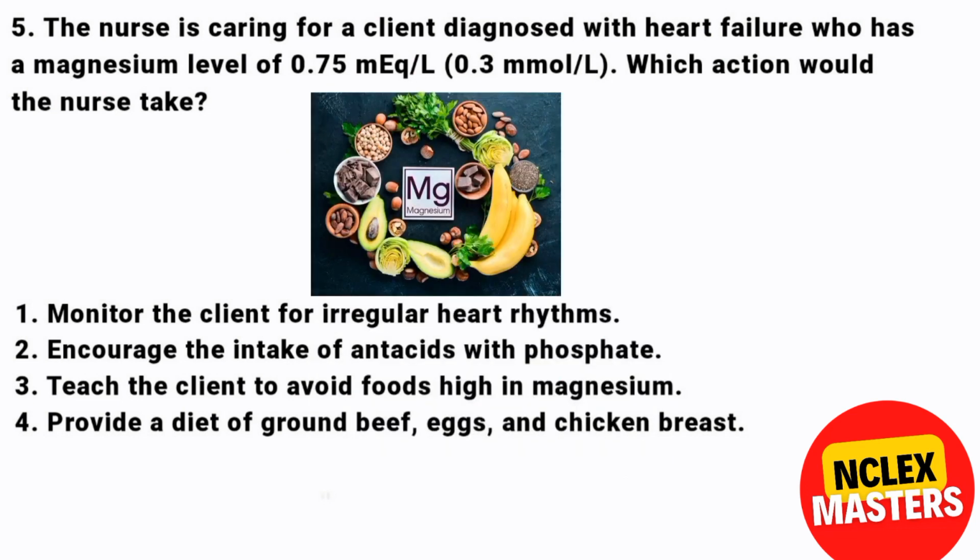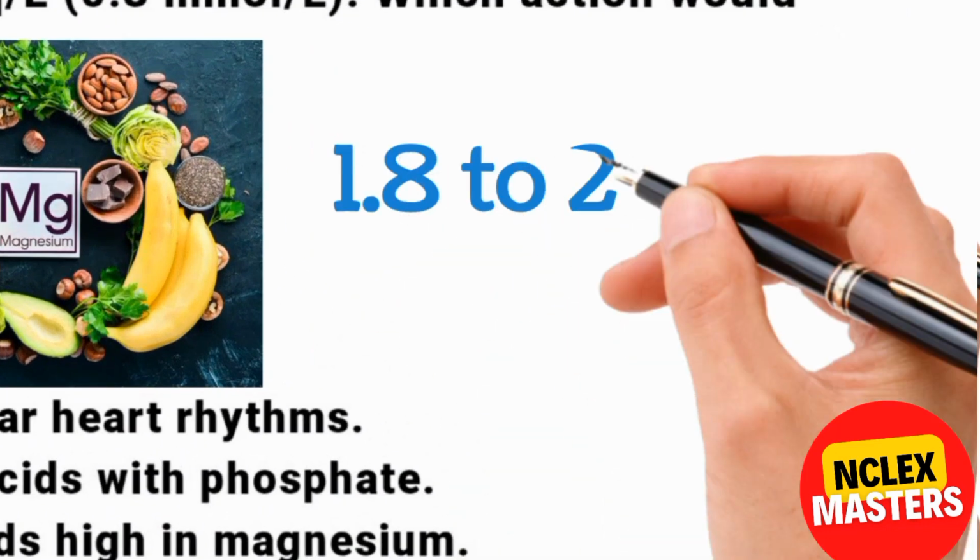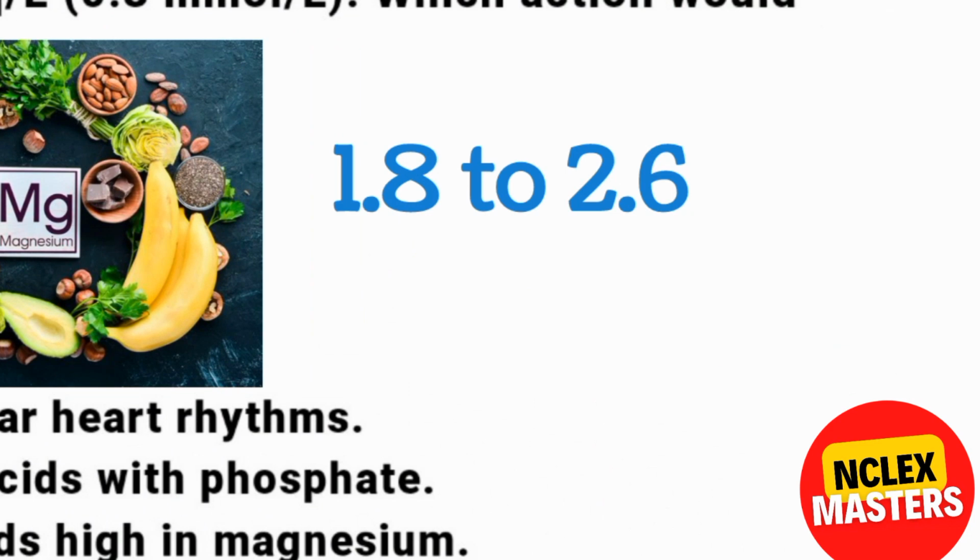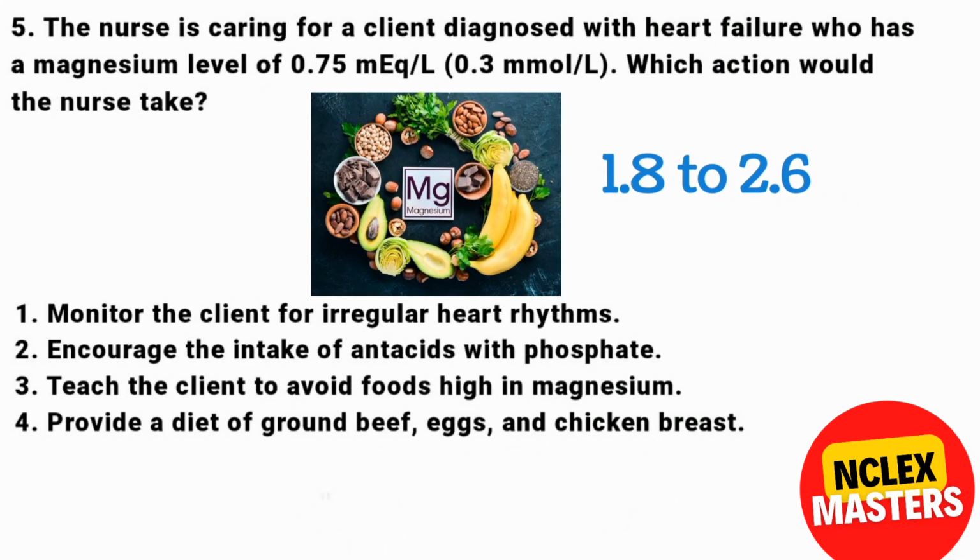Focus on the subject, a client with heart failure who has a magnesium level of 0.75. Recall the normal magnesium level. The normal magnesium level ranges from 1.8 to 2.6. Therefore, the client is experiencing hypomagnesemia. The client should be monitored for dysrhythmias because magnesium plays an important role in myocardial nerve cell impulse conduction.